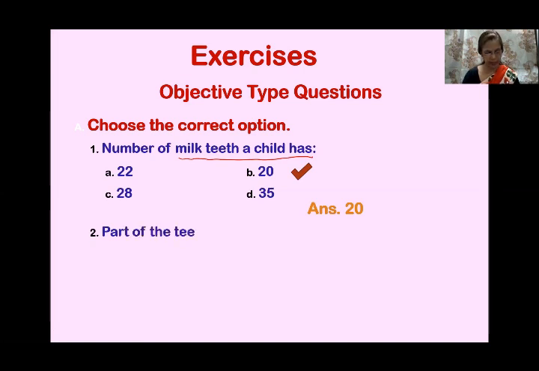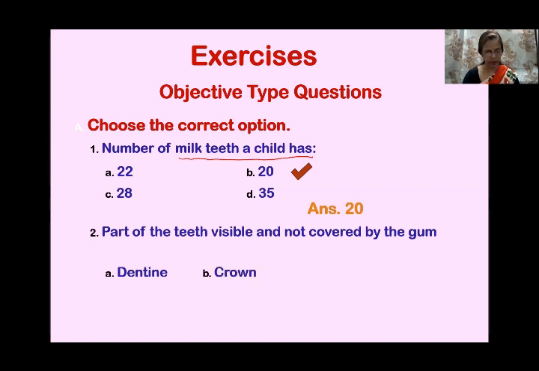Now, the next question is part of the teeth visible and not covered by the gum. First is dentine, second is crown, third pulp, and fourth is cementum. While studying part of teeth, there are two parts which are visible and the part which is not visible.